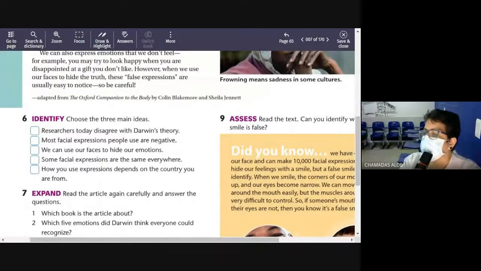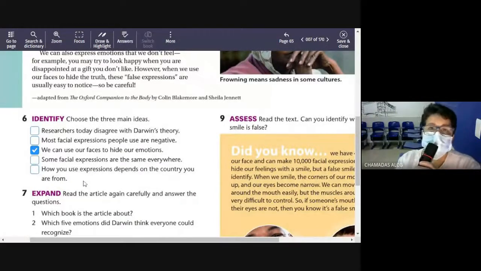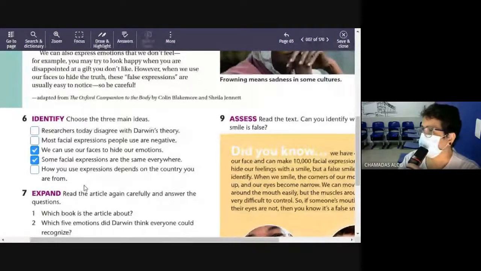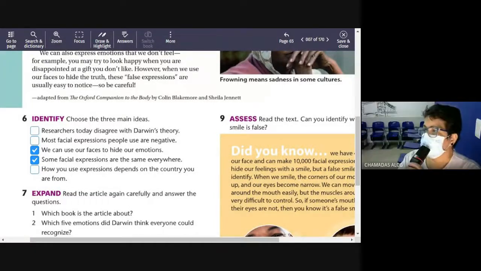Okay, very good, William. All right. So William said we can use our faces to hide our emotions. We need to find two more ideas. Some facial expressions are the same everywhere. Very good. Who said that? Rebecca? Okay, very good, Rebecca.